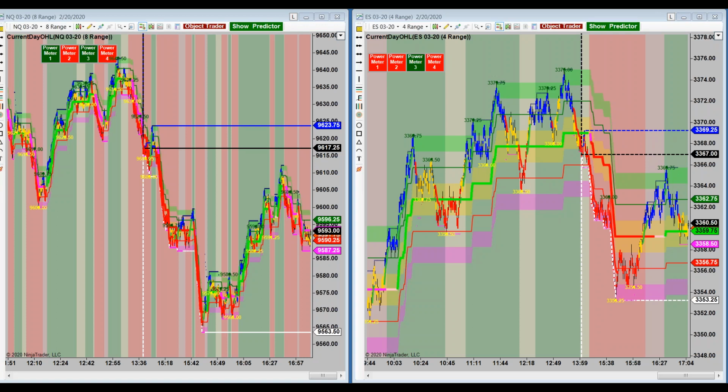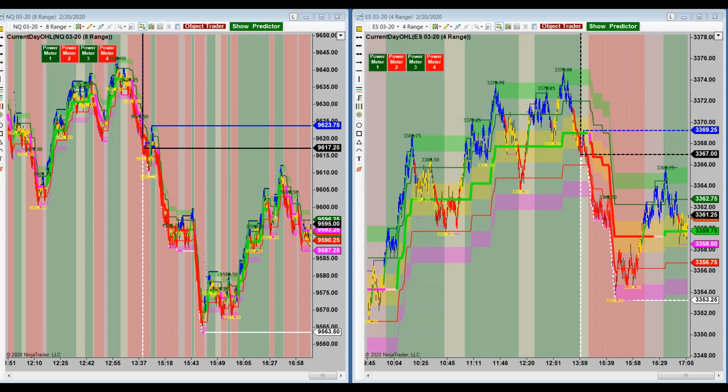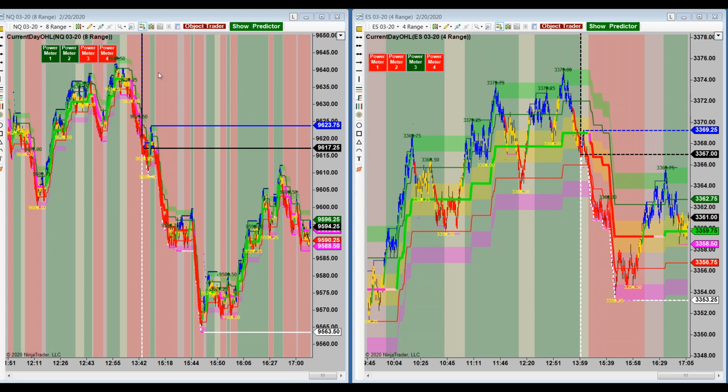So most of you know, and maybe you don't, I should probably do a quick refresher quiz on how these markets work together. So let me see how many of you are up to speed on this. If I was to ask a question, and this isn't always true, but most days it's true, between NQ and ES, which one normally is the leader or makes a move first before the other one?